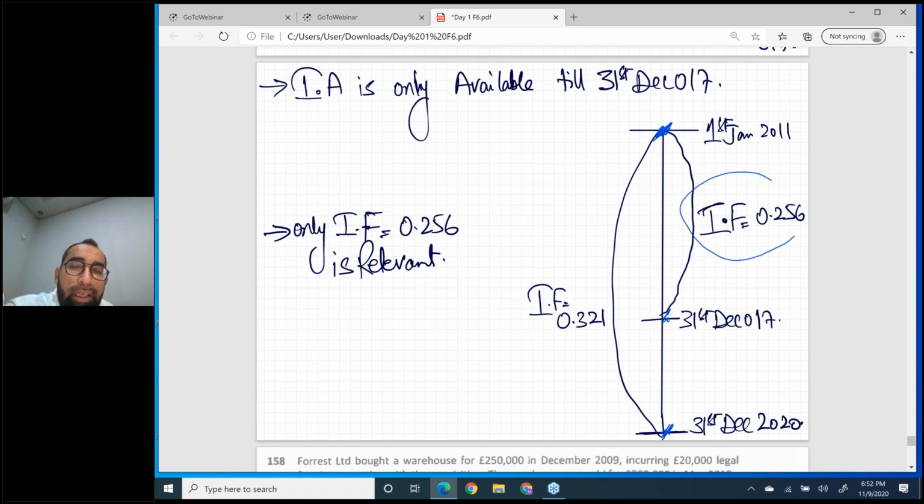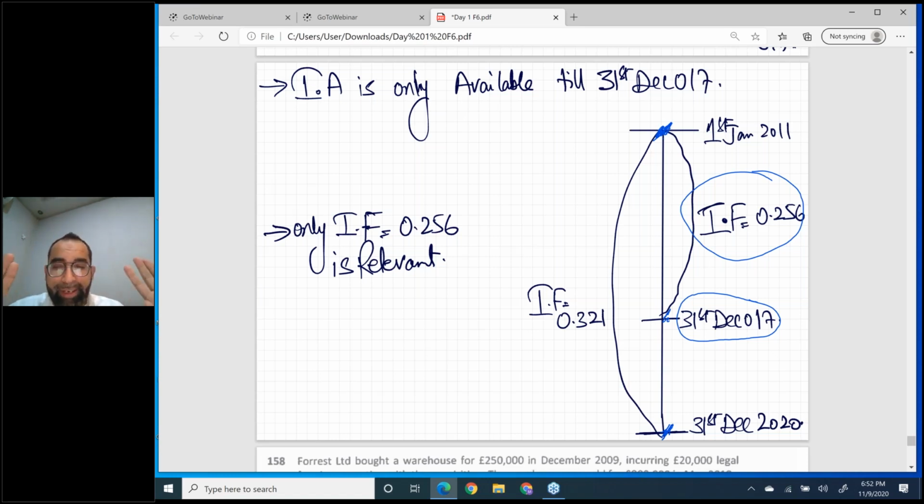Only this one. Don't forget this date, we are only eligible for indexation allowance till 31st December 2017. No more indexation allowance is available after 31st December 2017.